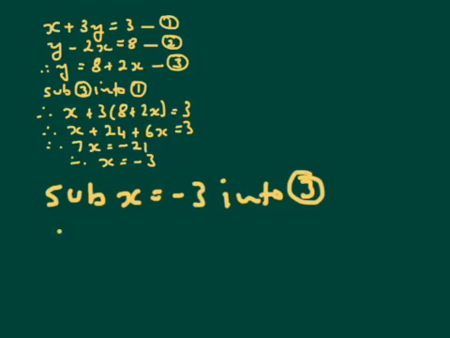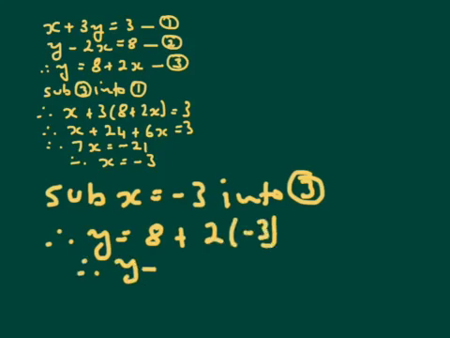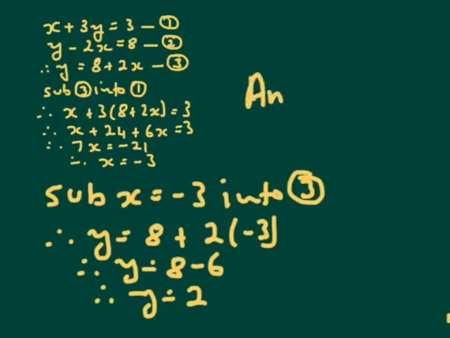So therefore y equals 8 plus 2 lots of negative 3. Therefore y equals 8 minus 6, and therefore y equals 2. So my answer, to write it as a pair of coordinates, is, what was x? Negative 3, and y is 2.